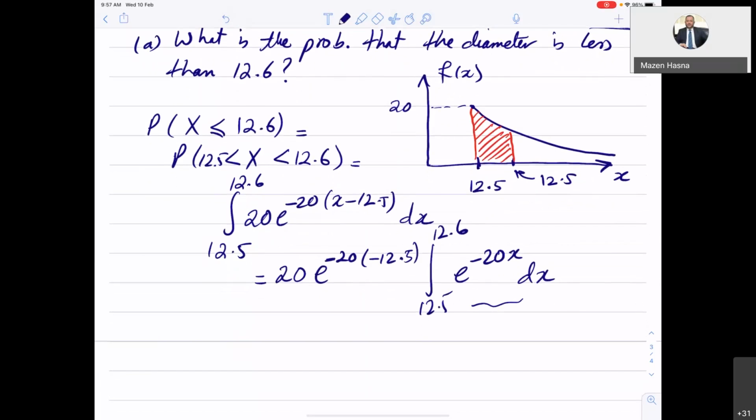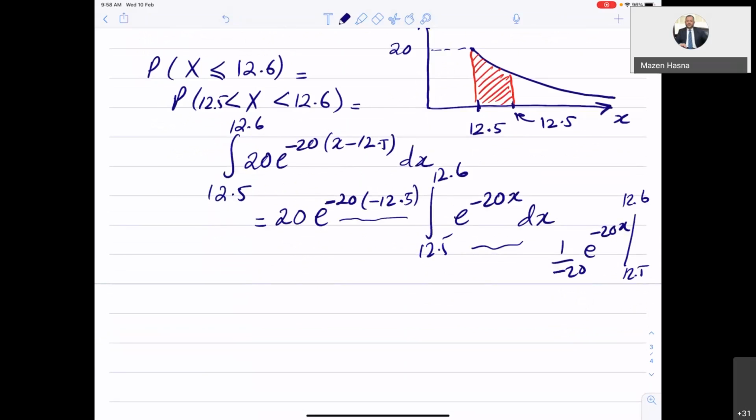You integrate it, you divide by minus 20, e to the minus 20x from 12.5 to 12.6. Don't get scared of this large number, because it will be multiplied by an exponential with a large negative number, so it will cancel.